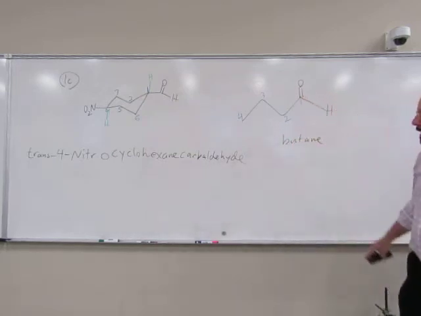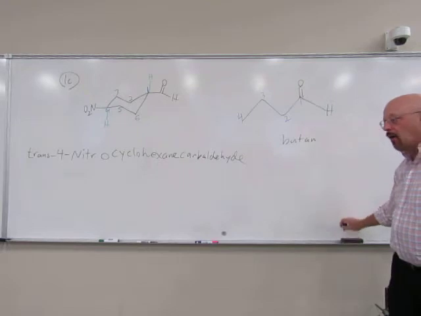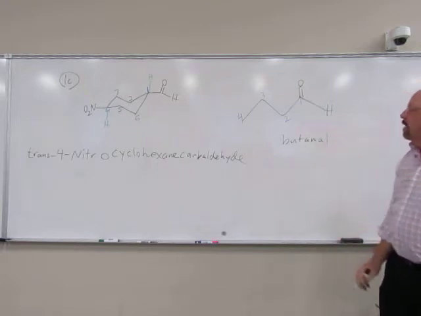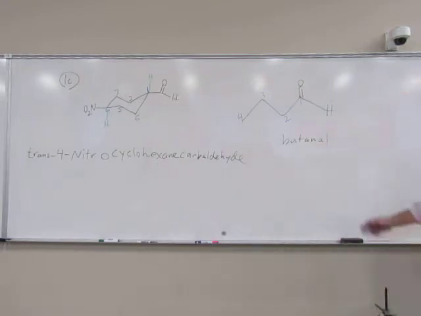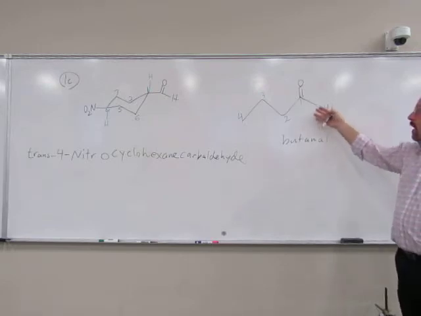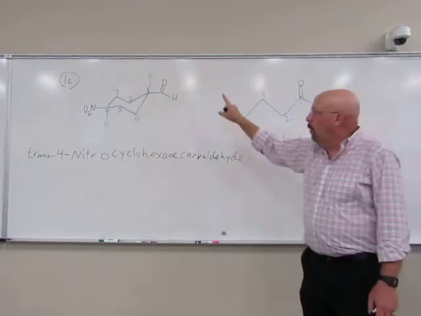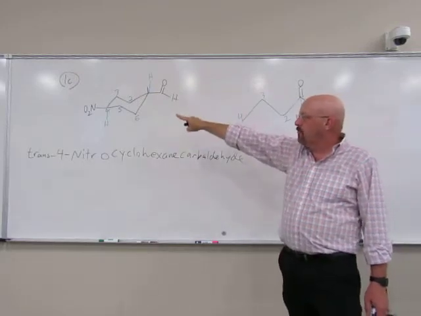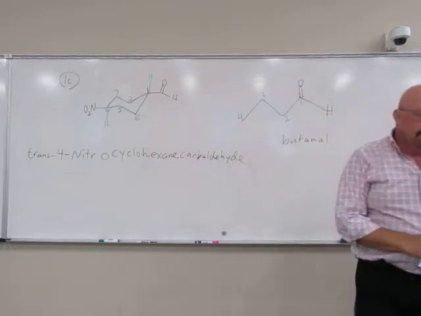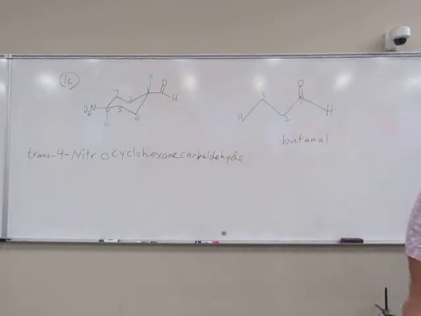And we change our ending, we drop the E, and we add Al to represent the aldehyde. This is a butanal. You don't have to tell the position here. It has to be the number 1 carbon. And so for a chain, we use an Al ending. When we have an aldehyde directly attached to the ring, we use carbonyl. So that was a difference.